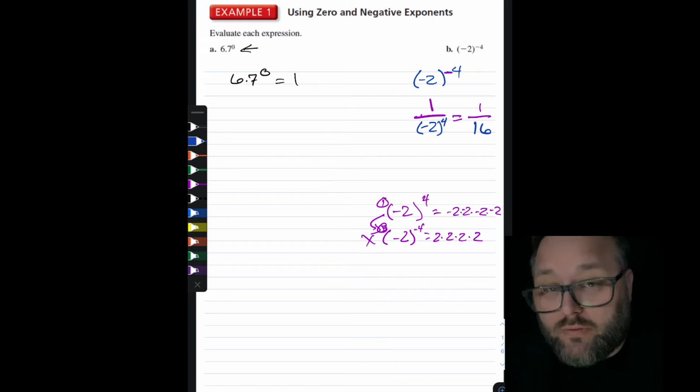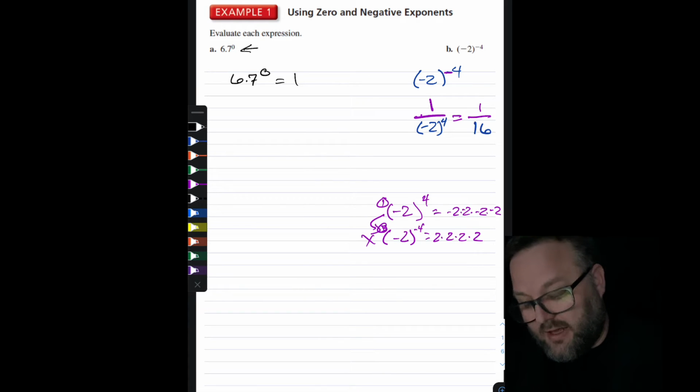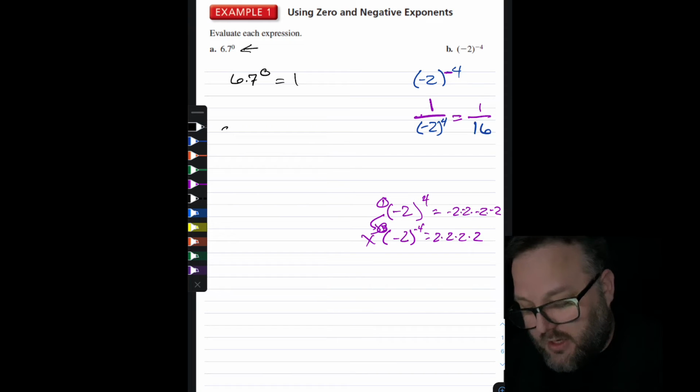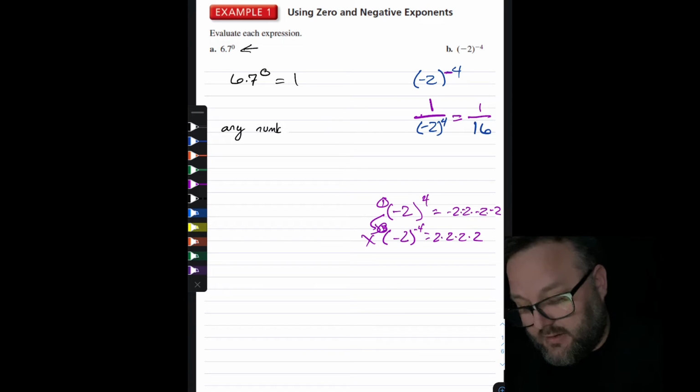So the two rules we went over: anything, because we can't include variables. In other words, I'm alluding that there could be an exception down the line. Anything to the 0 power is 1.